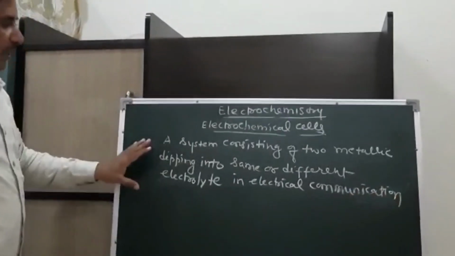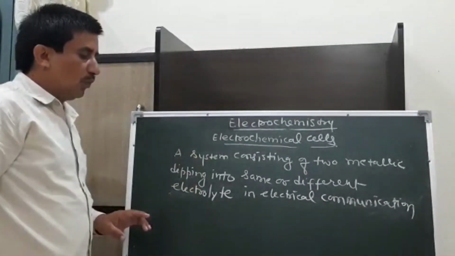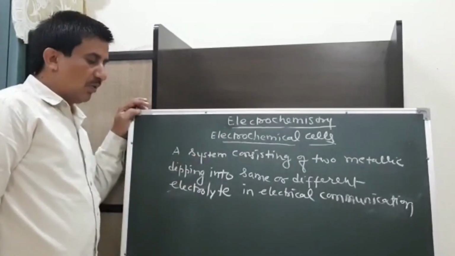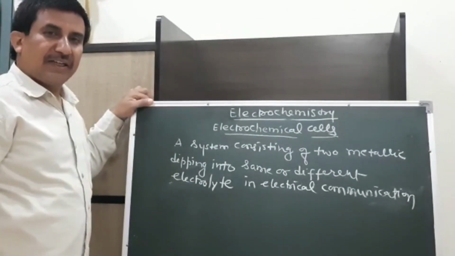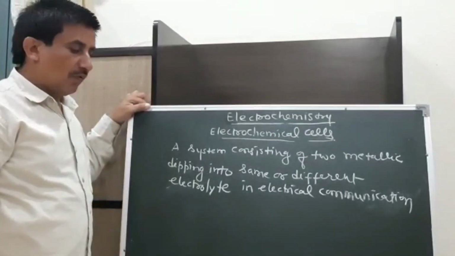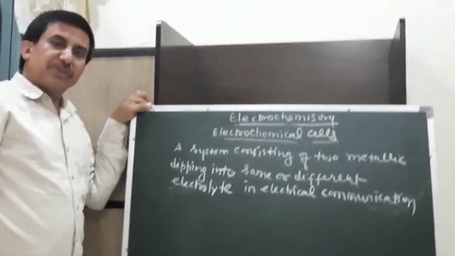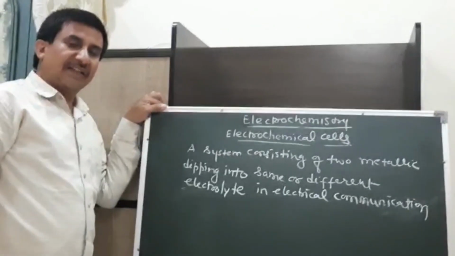Now electrochemical cells can further be divided into galvanic cell and electrolytic cell. A galvanic cell is a device which converts chemical energy into electrical energy, while electrolytic cells carry out non-spontaneous redox reactions with the help of electric current.